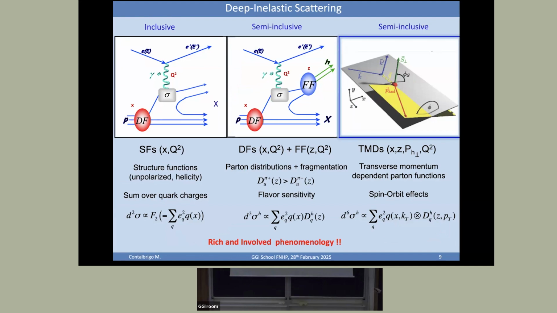Everything here is calculated with respect to the probe that you are exchanging, that is this virtual photon, okay? So you care about the transverse momentum with respect to this direction of the probe, and then you care about the angles at which the hadron is created, and the eventual angle that you insert in your experiment, that is polarization of the target, if you really have it, okay?